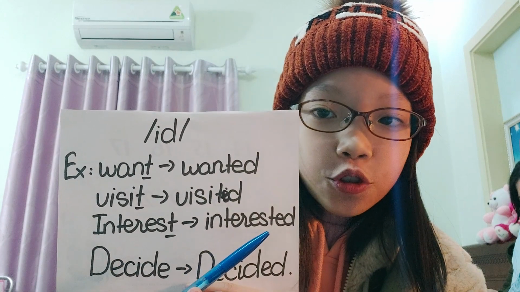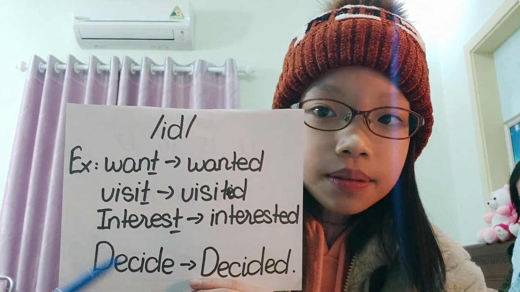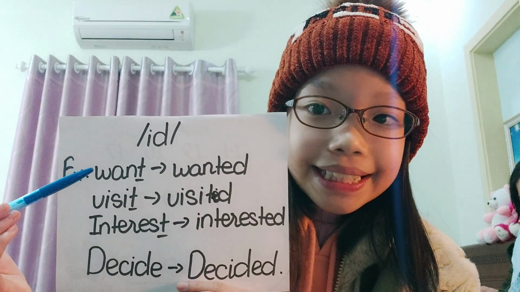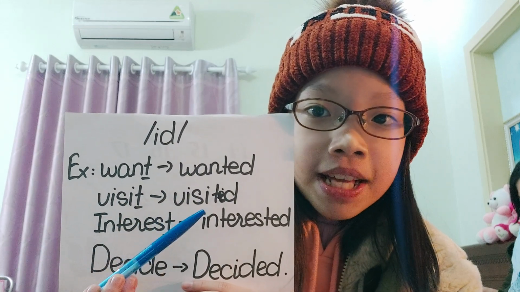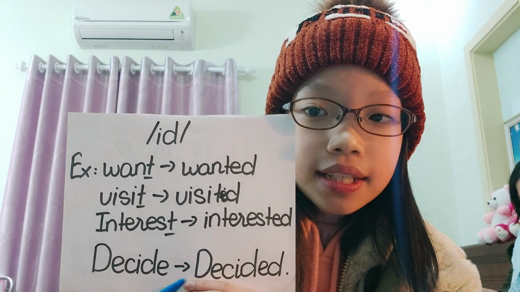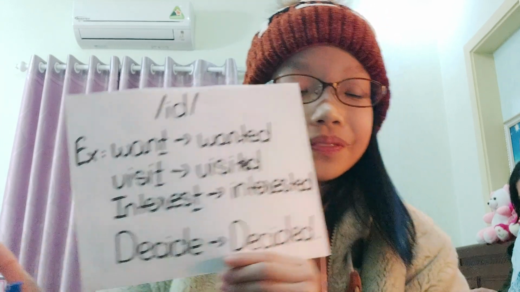Interest, interested. Decide, decided. Let's repeat these one more time. Want, wanted. Visit, visited. Interest, interested. Decide, decided. Good. Let's move on to type 2.